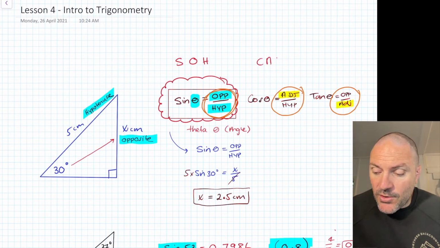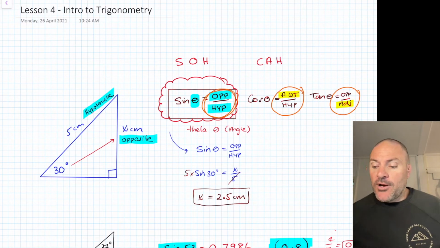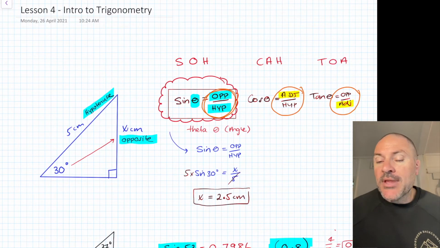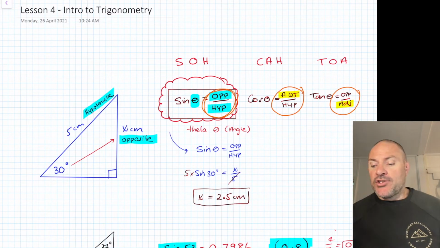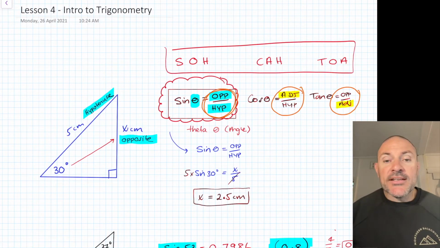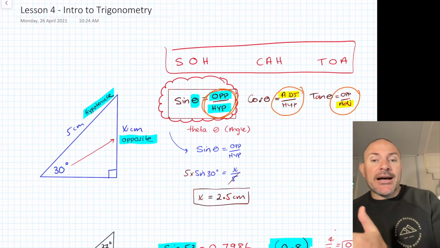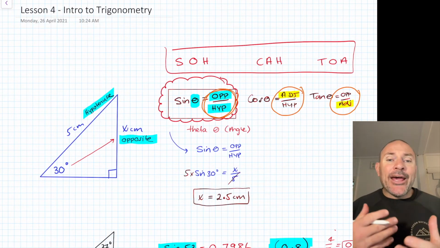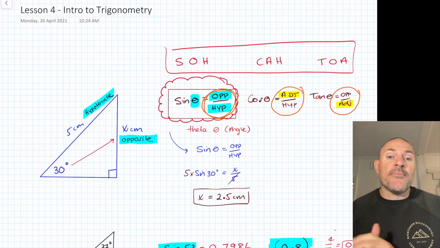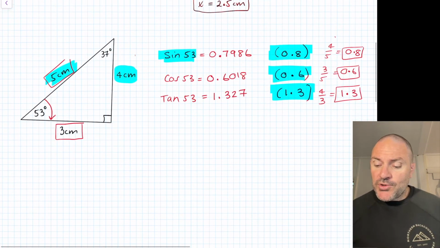Cos they call it CAH, cos adjacent over hypotenuse, and tan they call it TOA, tan is opposite over adjacent. And if I link it all together, they call this SOHCAHTOA. It just helps us to remember the rules. But for us, to be honest with you, I'll use SOHCAHTOA a lot, but you'll be given these rules all the time. I want you to make sure of that.